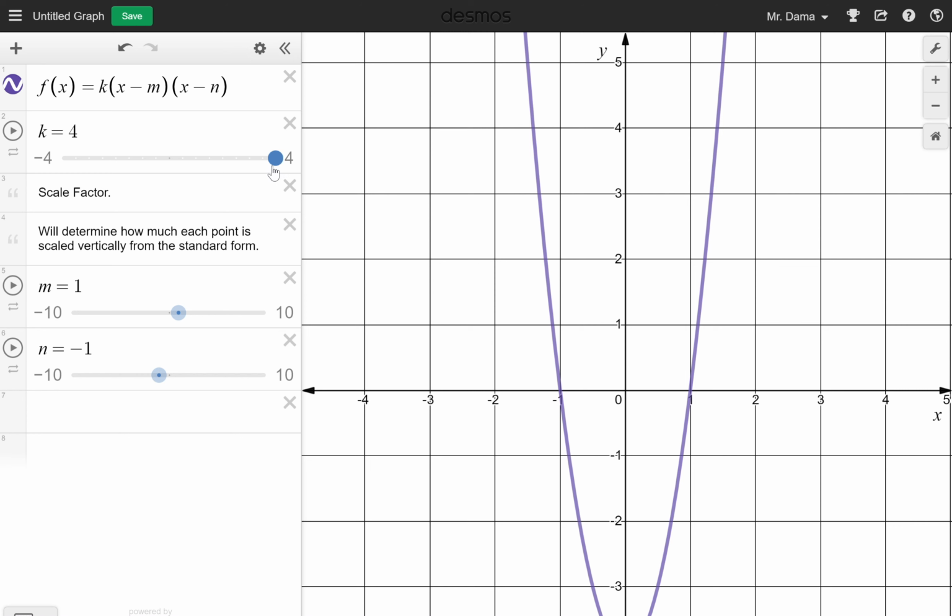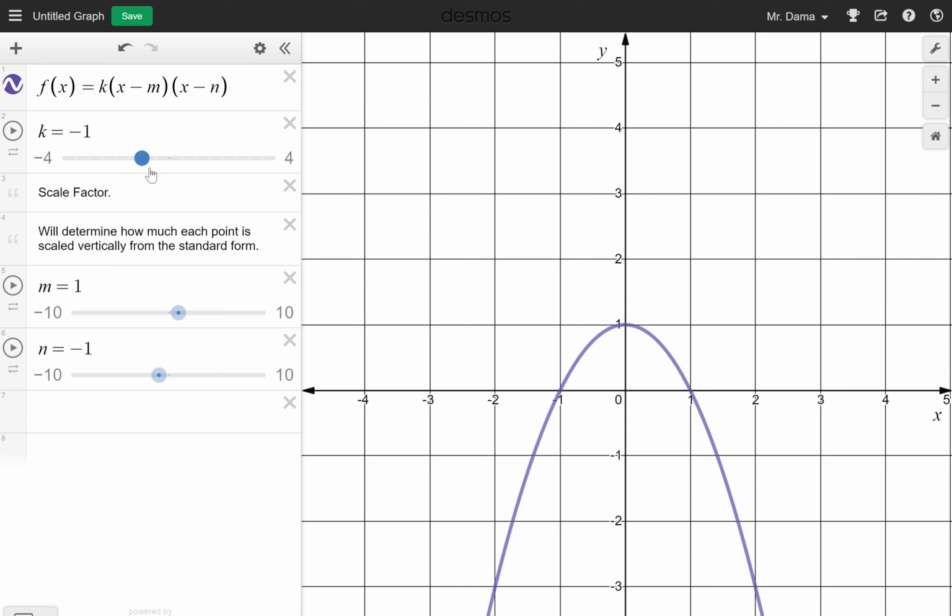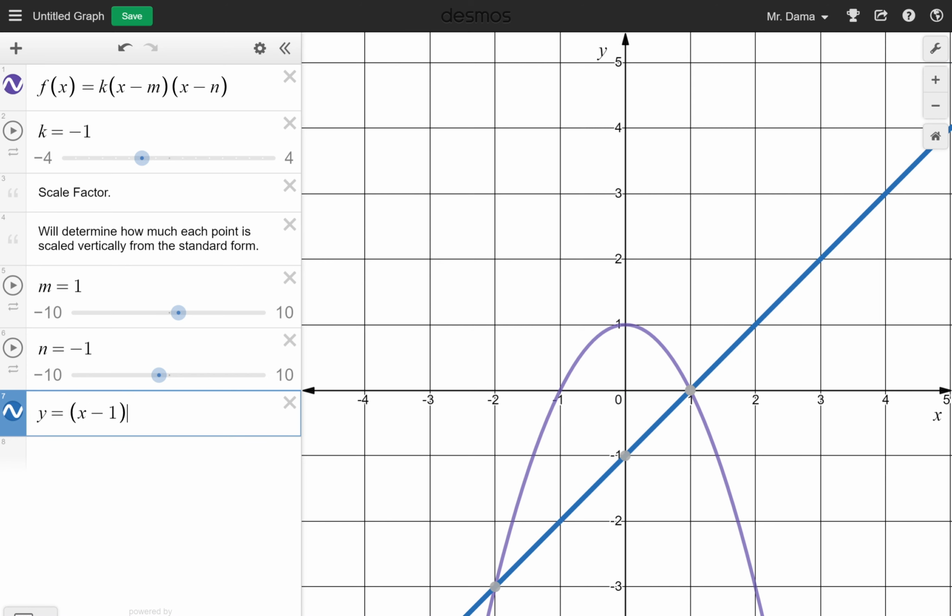What happens when I go negative? What happens at -4? Well, it's upside down. And what about -1? Well, it's the same as the graph we had before, but upside down. I'm just going to draw the graph we had before, just so you can see the difference.